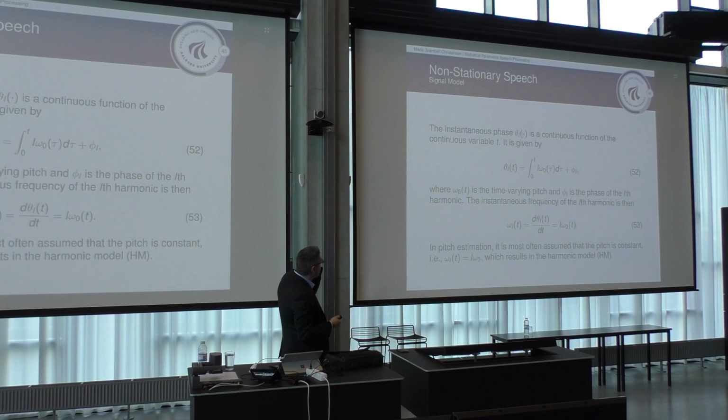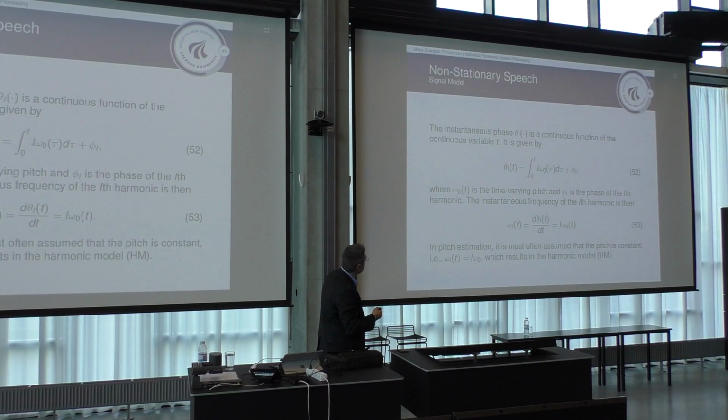Okay, so the instantaneous phase of the l-th harmonic here is the integral of l times the fundamental frequency, and then you take the integral of that and you add a phase to that. If we differentiate this, you see that the frequency of the l-th harmonic is simply l times the fundamental frequency, which is what we want.